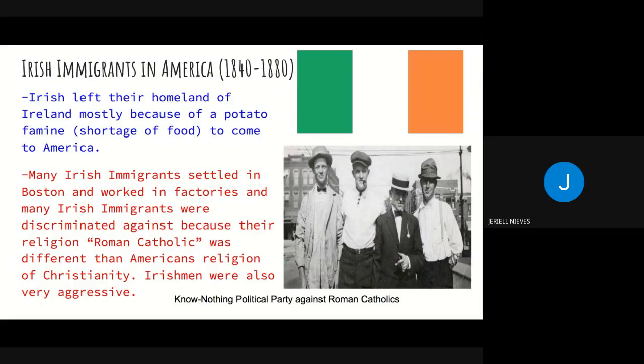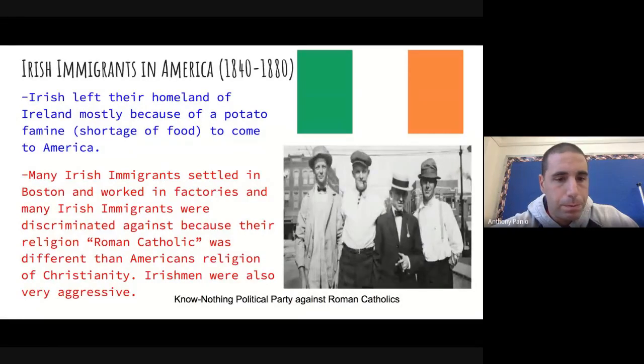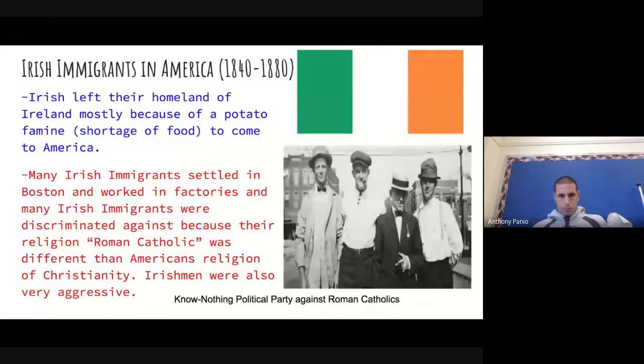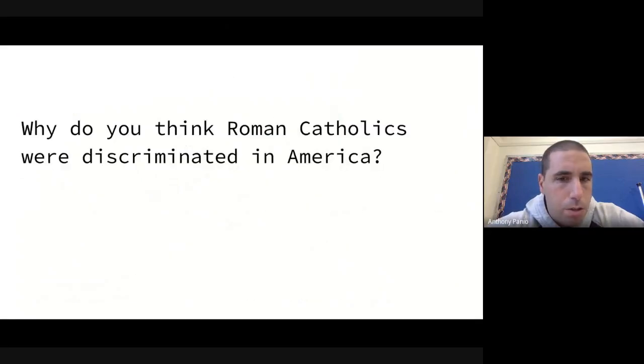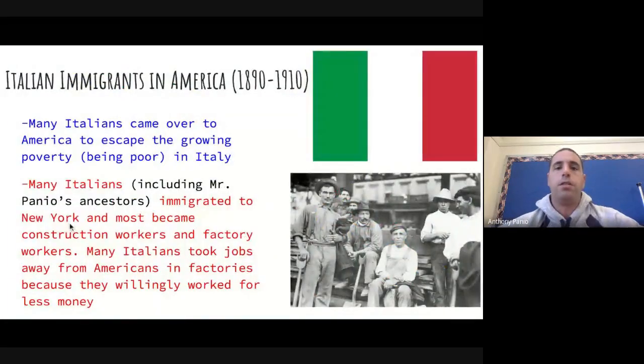I can't take a picture because I'm using my phone for my hotspot. That's fine. Okay, good. Thank you.